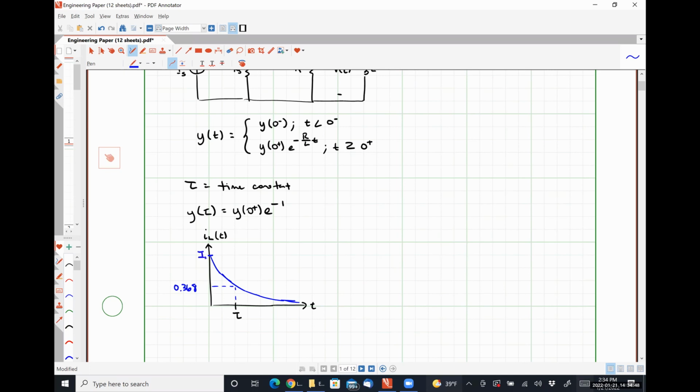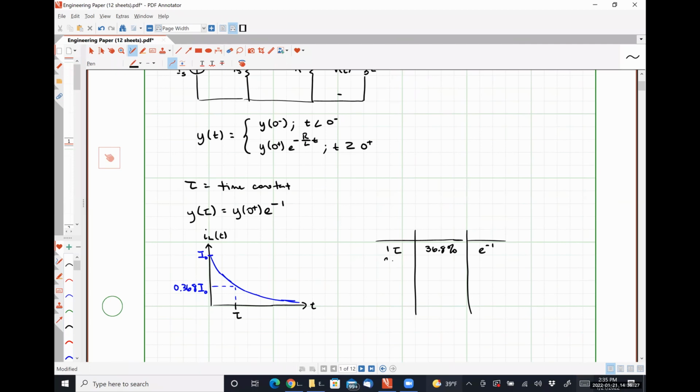So what this means is that in one time constant, the signal decays to 36.8% of its initial value. And we can tell this because this is simply e to the negative 1. E to the negative 1 is 0.368.